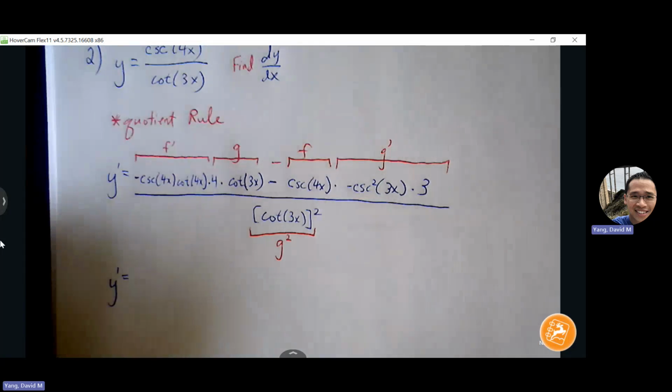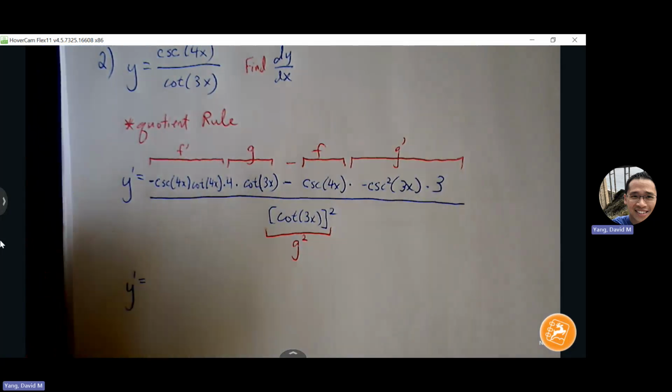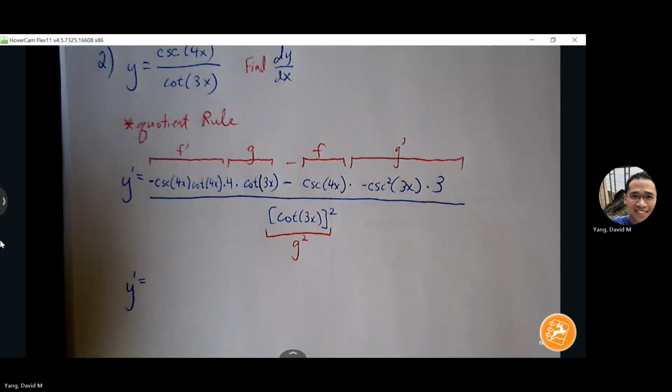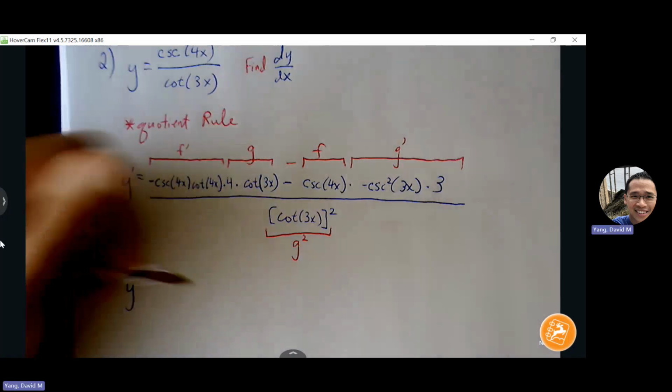I'm not doing much to clean up here. I'm just putting the coefficients out in front, but not much more we could do.